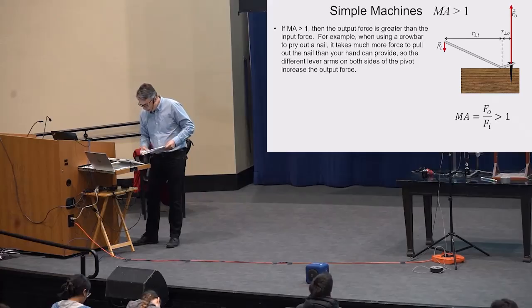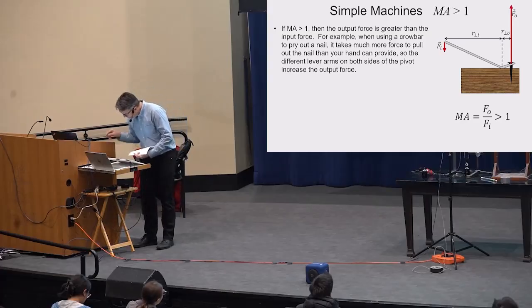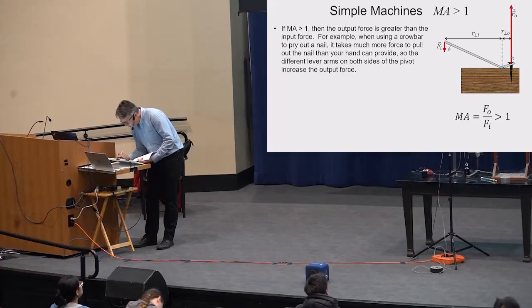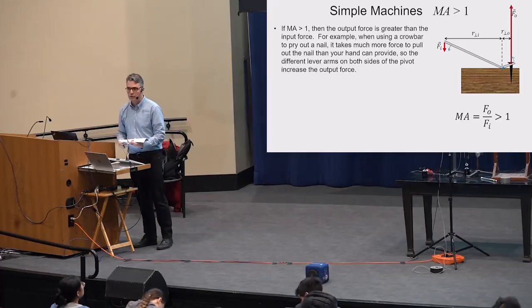So, an example is this crowbar. I don't know if you can picture this, but it's a bar, and you're pushing down on this part. There's a pivot here, and then as you push this down, this goes up. So this kind of rotates that way, this kind of rotates this way, and it pulls the nail up out of the wood.